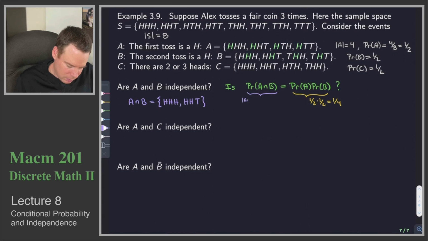It's the size of the intersection over the size of S, which is 2 over 8, or a quarter. And those are equal. So the answer is yes. That's an equality, and therefore A and B are independent.